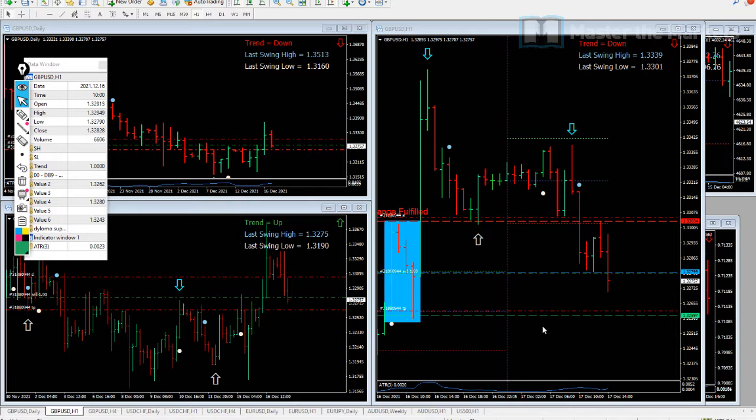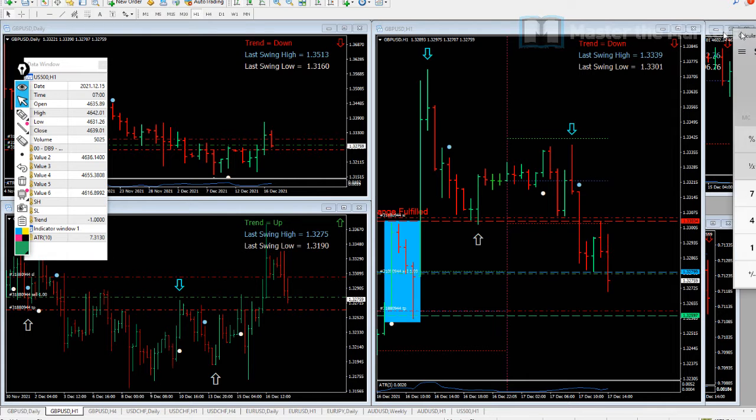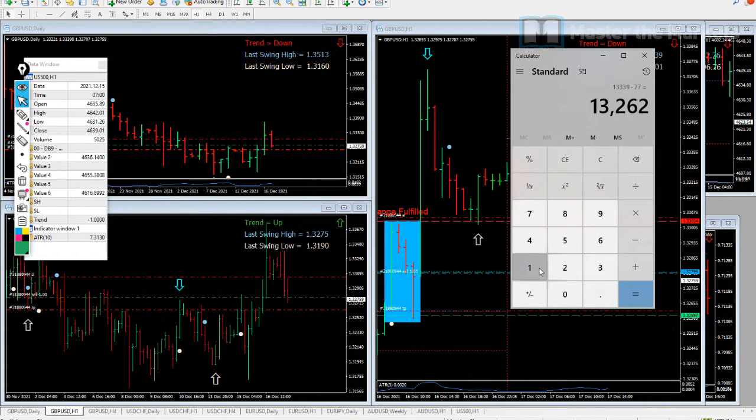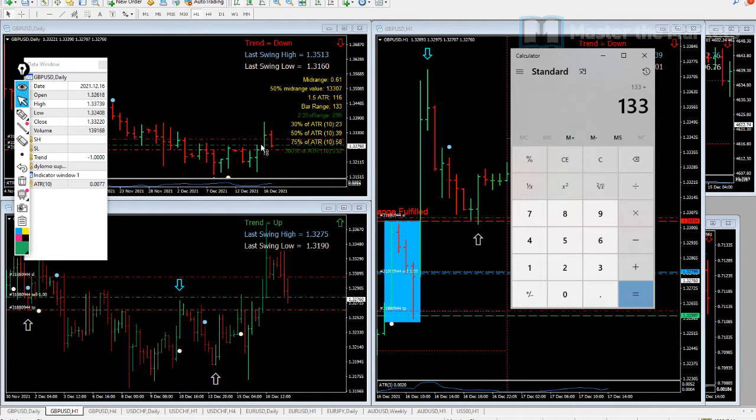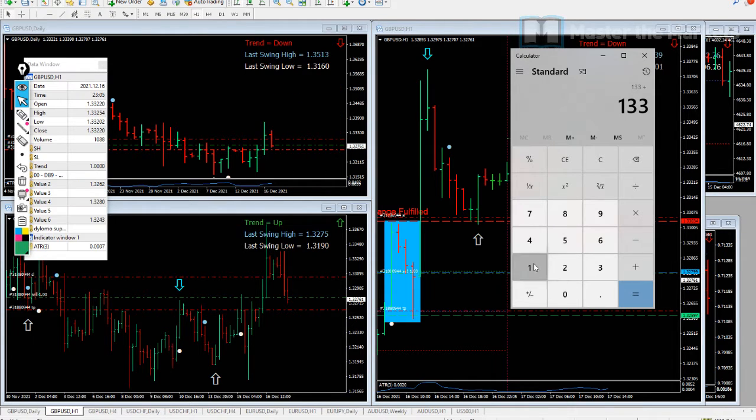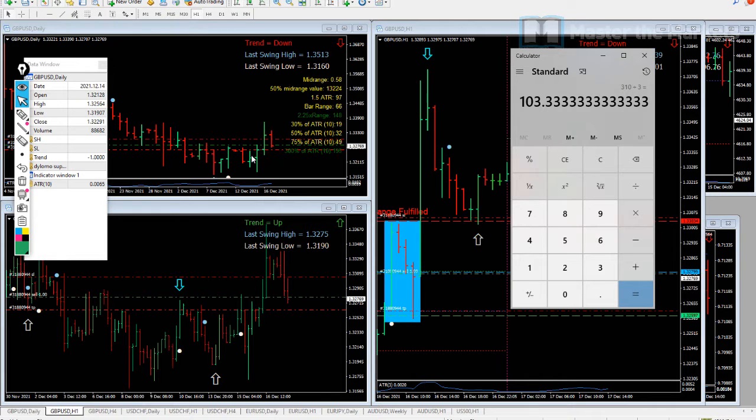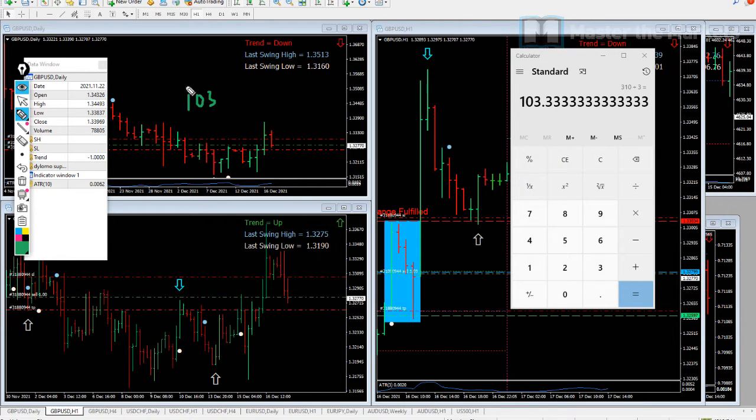Let's get the calculator up. 133 plus 111 plus 66, divided by 3, is about 103, is it not, traders? I think this is 66, that's right. So average true range for 3 days is 103, whereas for the 10 days it is 77.